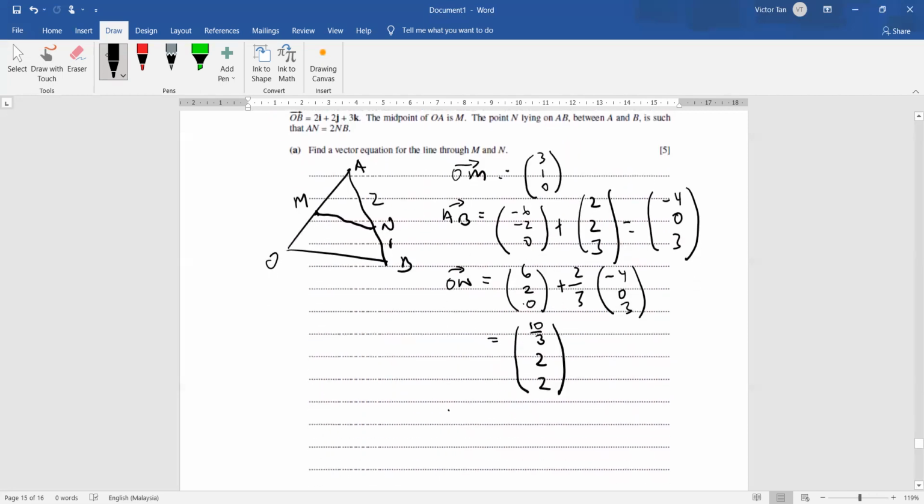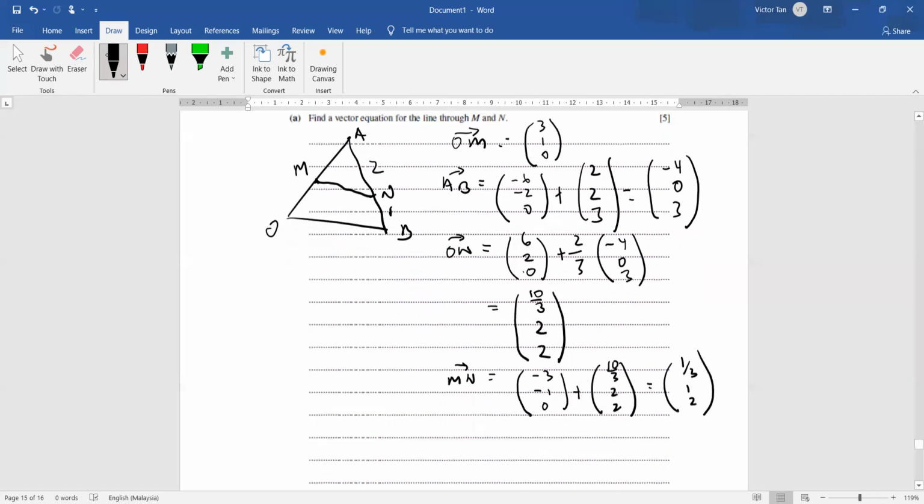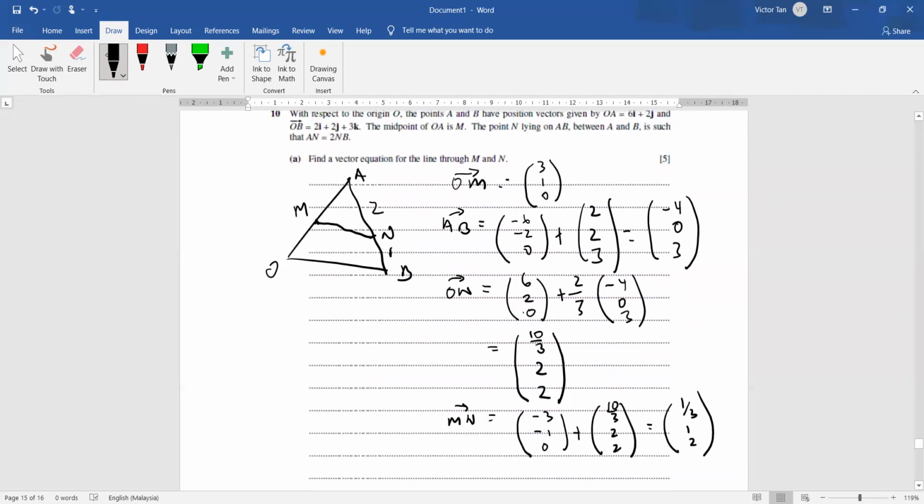What is MN? MO plus ON. This is (-3, -1, 0) plus (10/3, 2, 2). This will be (1/3, 1, 2). Okay, so that is the directional vector.